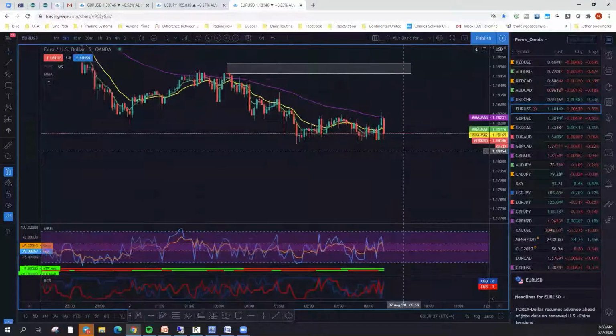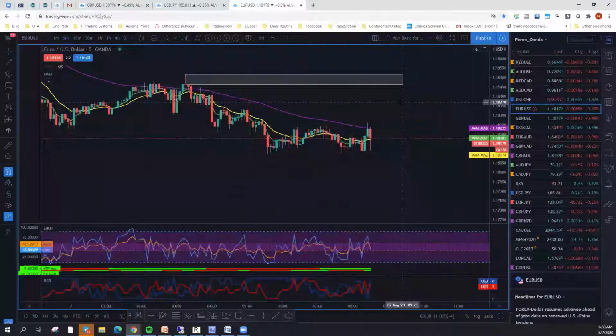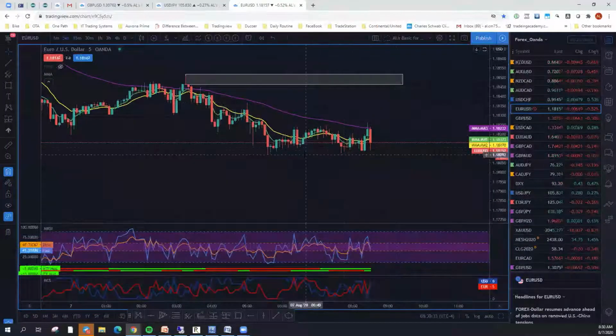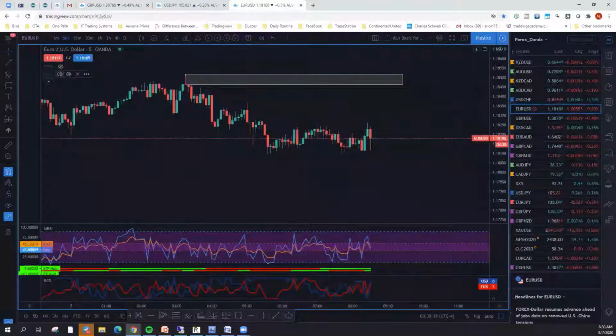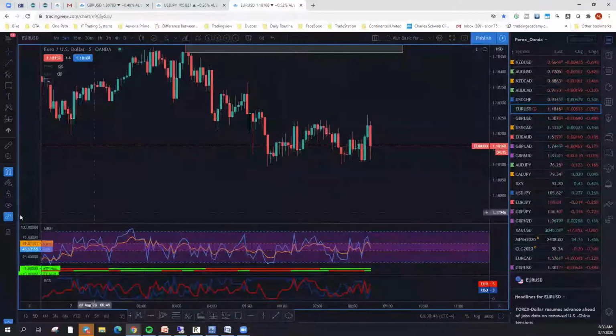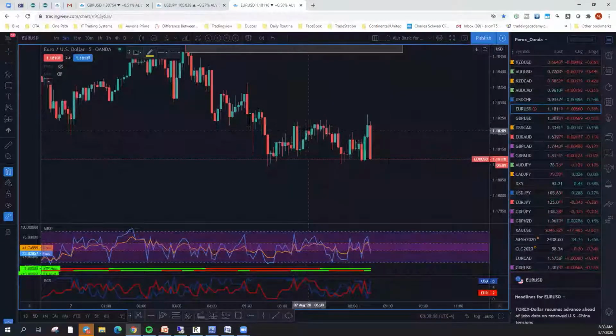Yes, you're absolutely correct. The way I usually look for my targets, I look and see where there's a lot of wicks. Let me take this off, and I'll give you an example here. You have the bodies of the candle, which is like, if you look over here, here's where all the bodies are.